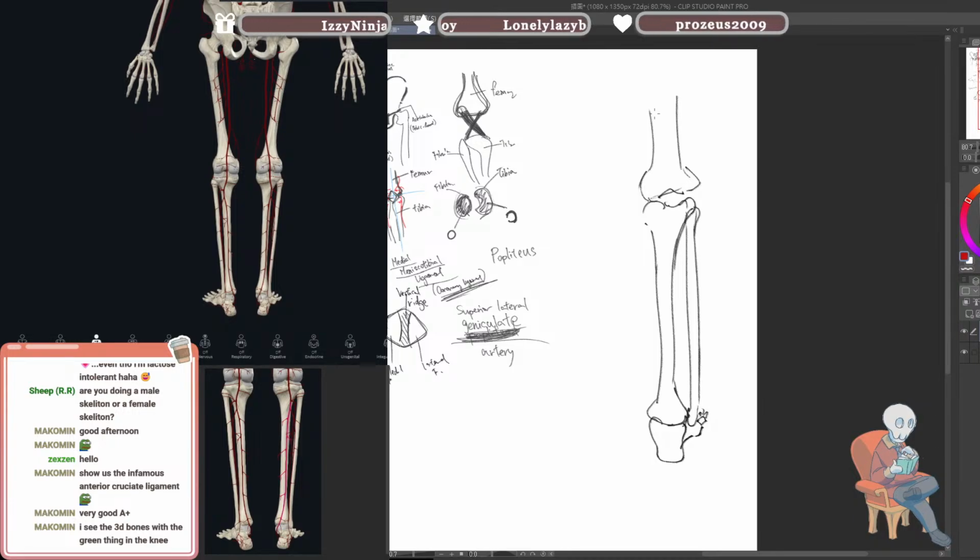So, this big artery that goes right at the back of your knee is called the popliteal artery. As the name suggests, it is the popliteus.